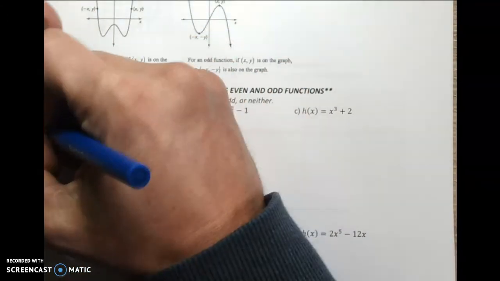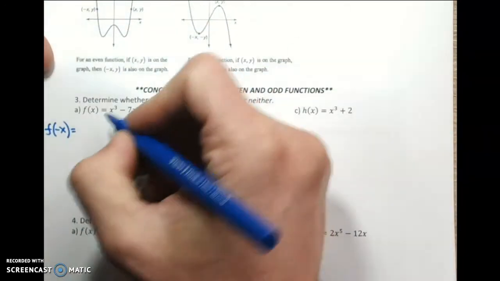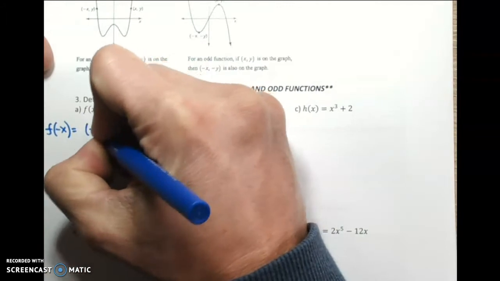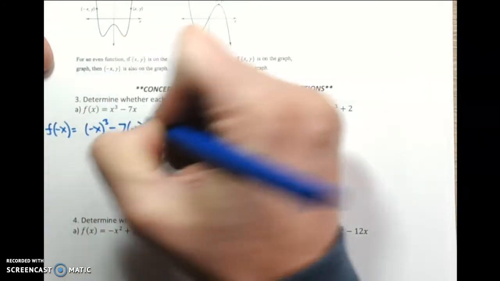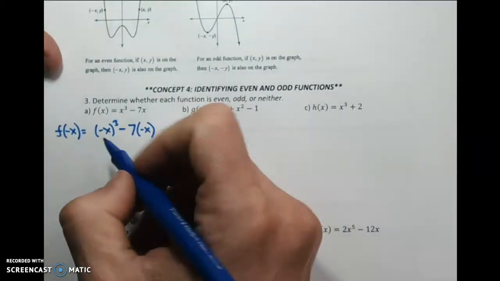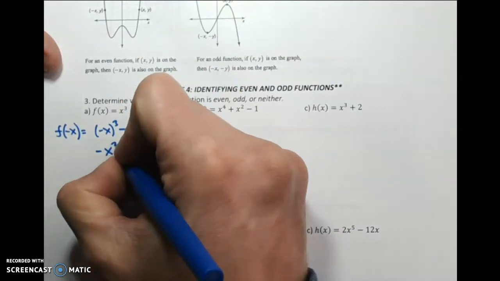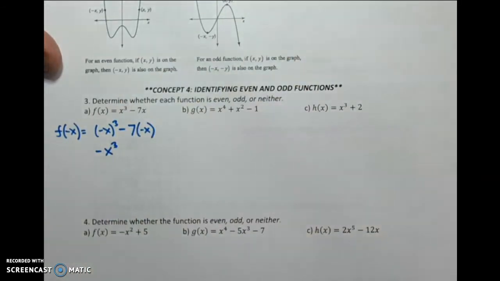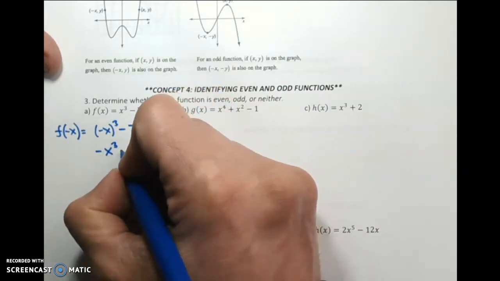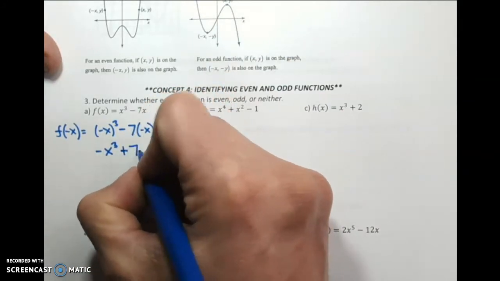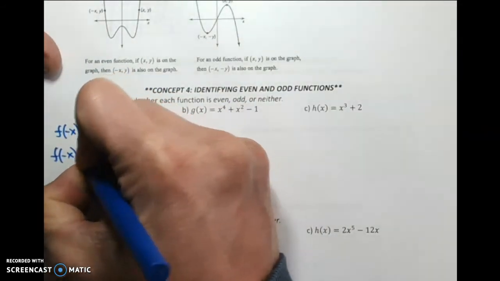All I'm going to do is f of the opposite of x, which means I'm just going to replace the x's with negative x, and then simplify. So negative x cubed is negative x cubed. And negative 7 times negative x is positive 7x. So there's f of the opposite of x.